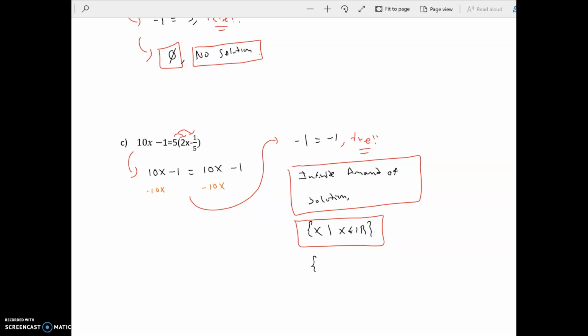So in this case, it'll be the set of x's such that x is a real number. In any case, well, this happens to be the infinite amount of solutions.